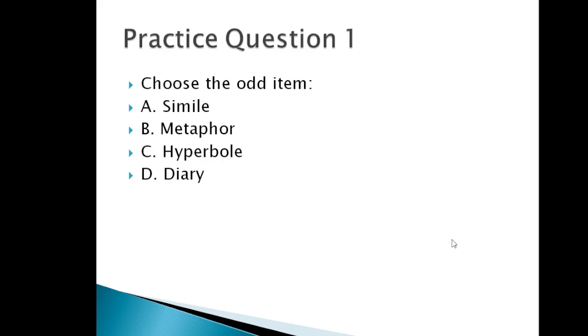These three figures of speech have something in common because they belong to the same group. But diary is a personal record or journal. It is a form of writing. It is not a figure of speech. So diary in this practice question is considered the answer, which is the odd item.